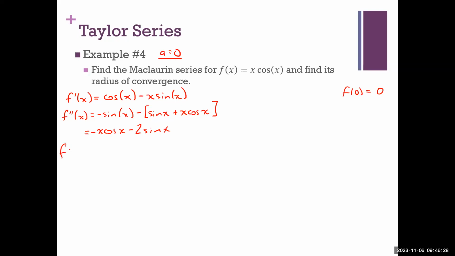Do we see any patterns coming out of this? Here's one thing I know that'll be useful. I know the derivative of x cosine x, right? So I can just drop that in here.